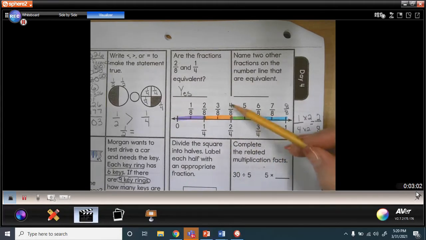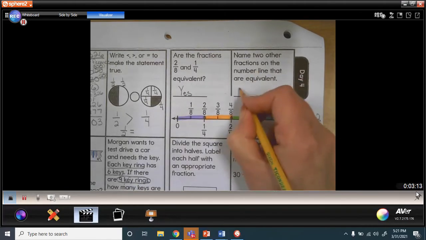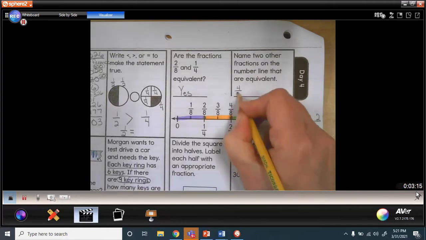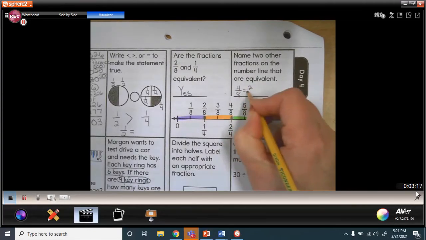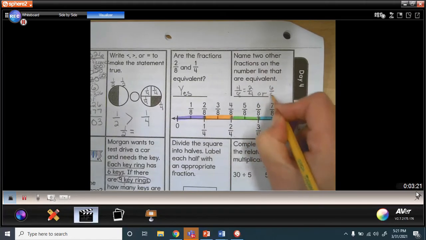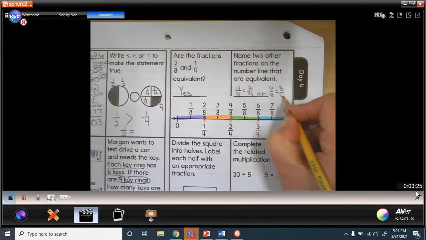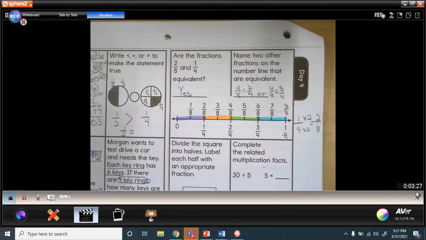You can say that 4/8 is equivalent to 2/4, 6/8 is equivalent to 3/4, or 8/8 is equivalent to 4/4. So those are your possibilities for this problem.